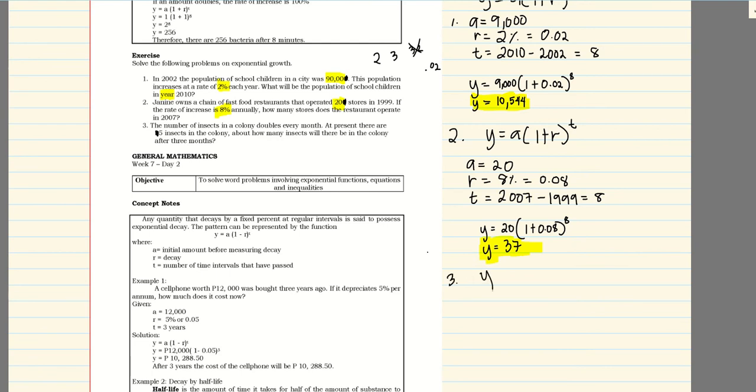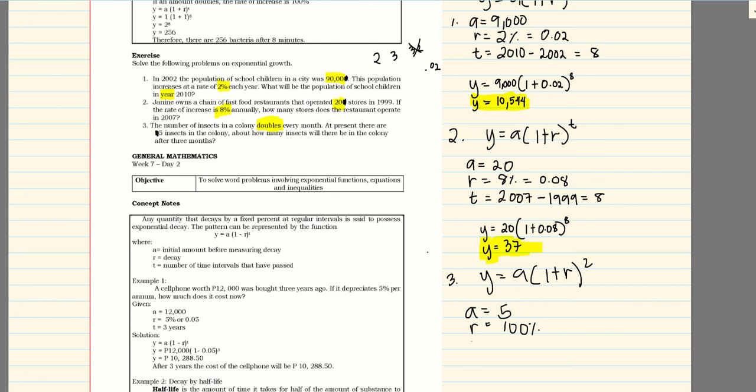So we have here once again our formula, and then we have a. What is our a? It is the initial number of insects, which is 5. Our rate, since it doubles every month, doubles means 100%.